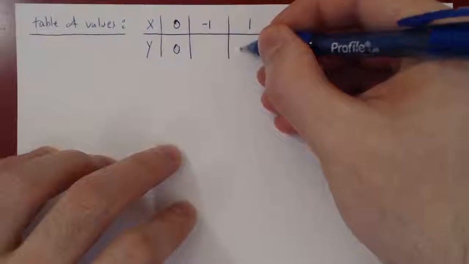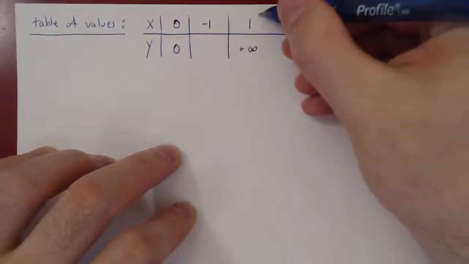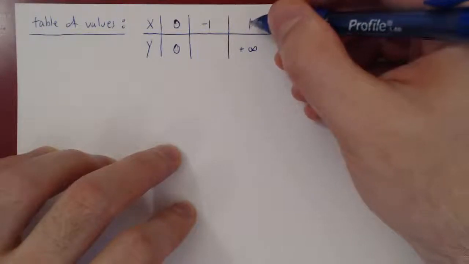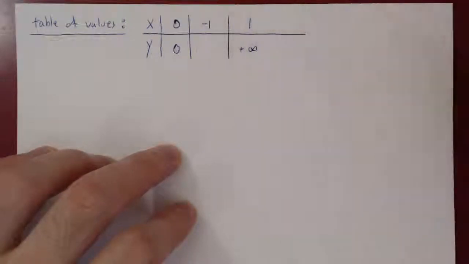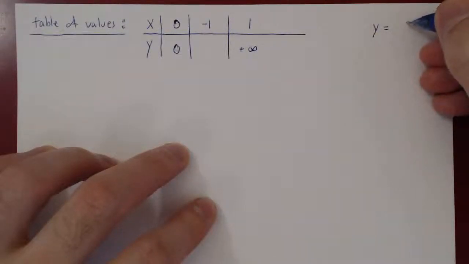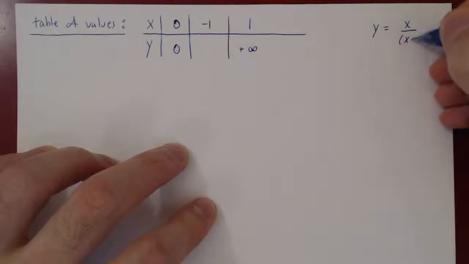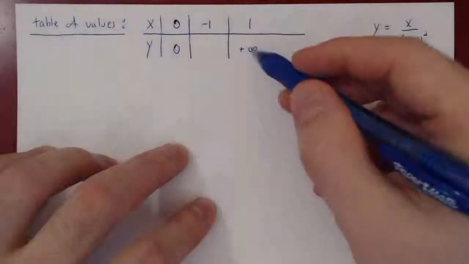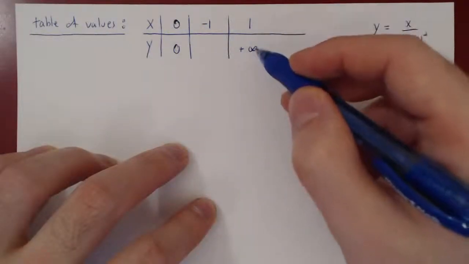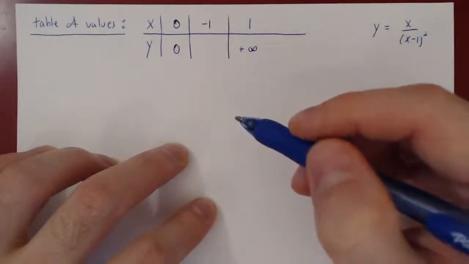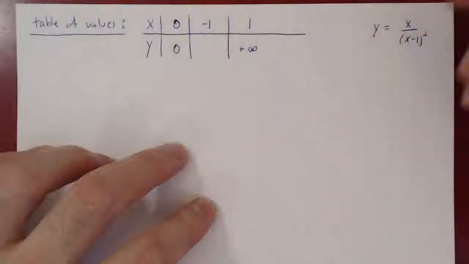So we can write here positive infinity to remind ourselves that when we are really, really close to 1, of course f of 1 is not defined. If you plug in 1 in the function, recall that the function was simply y equals x over x minus 1 squared. If you plug in 1 here, you have a 1 over 0. Exactly, that's not defined. But we're writing this to say around x equals 1, y will shoot up to positive infinity from both sides.